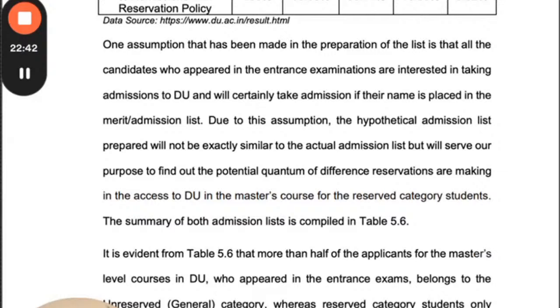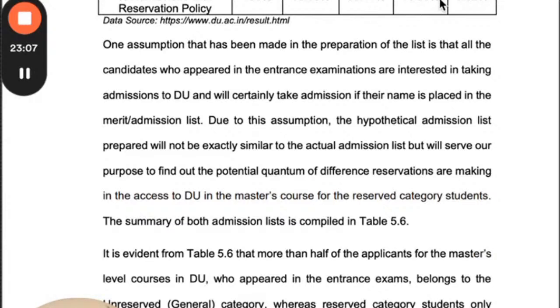Now let us take what is the impact of the admissions with reservation policy. So now you can see that the OBC representation actually increased to 36.44%. SCs especially, the representation increased from 4.70 to 16.35%. That is 3 times. The impact of reservation policy is 3 times.